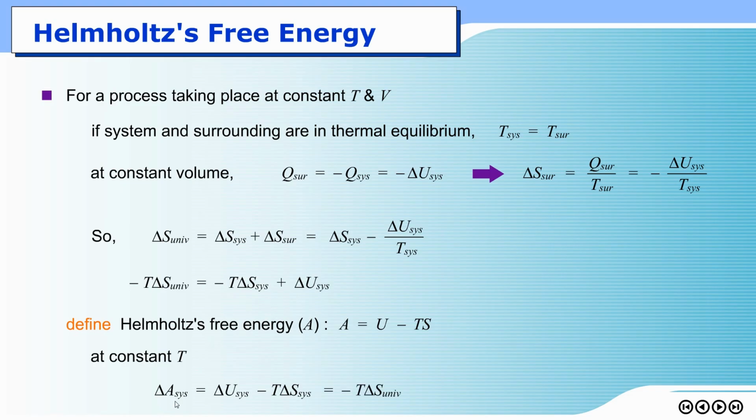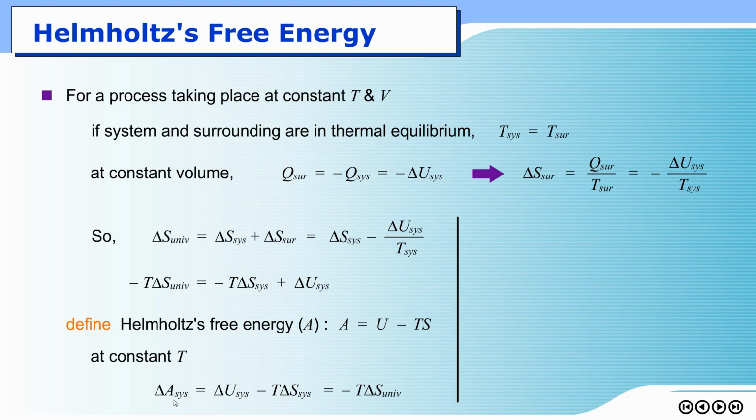So in other words, you can write delta S of the universe as a function of delta A of the system. We don't need to consider the surroundings anymore. Okay, we can just calculate delta A of the system and use the second law right away.